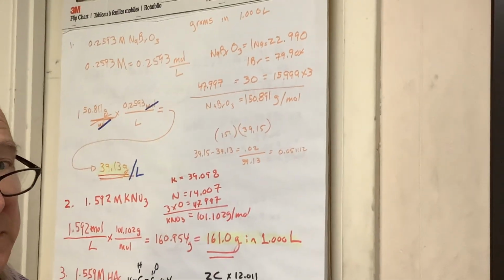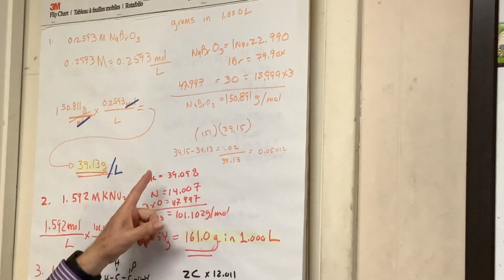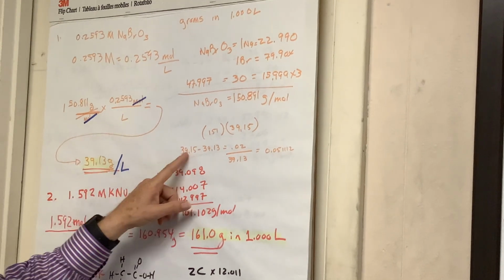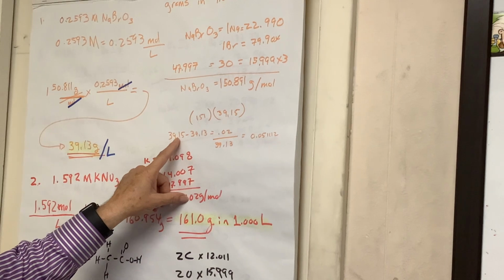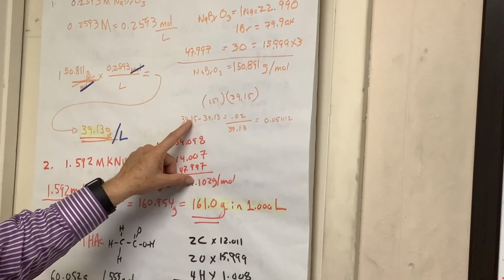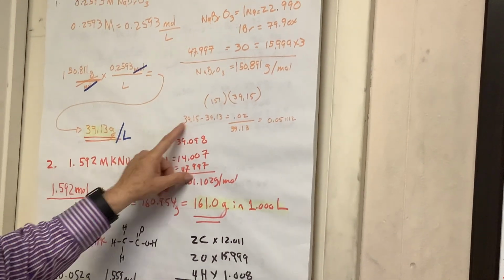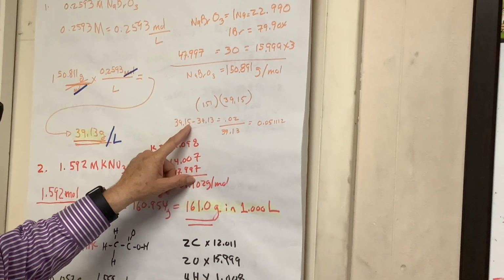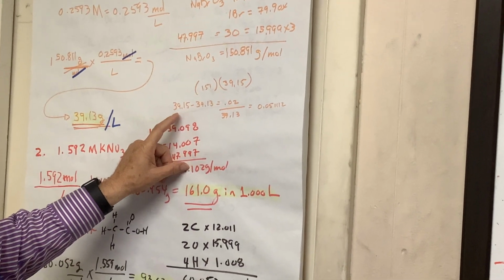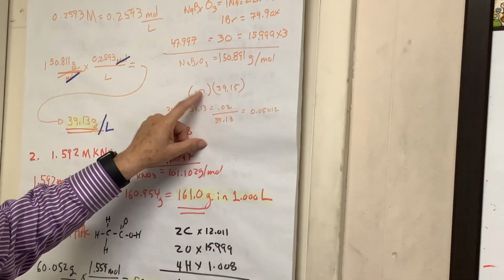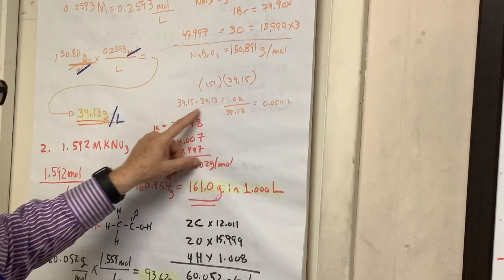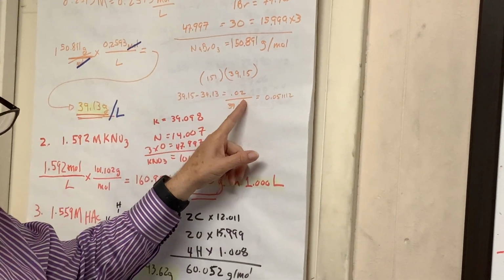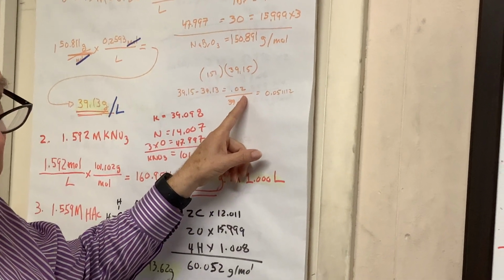That's fine with me, because look at the difference it makes. 39.15 is the answer I got instead of 39.13, when I use 151 instead of 150.891.